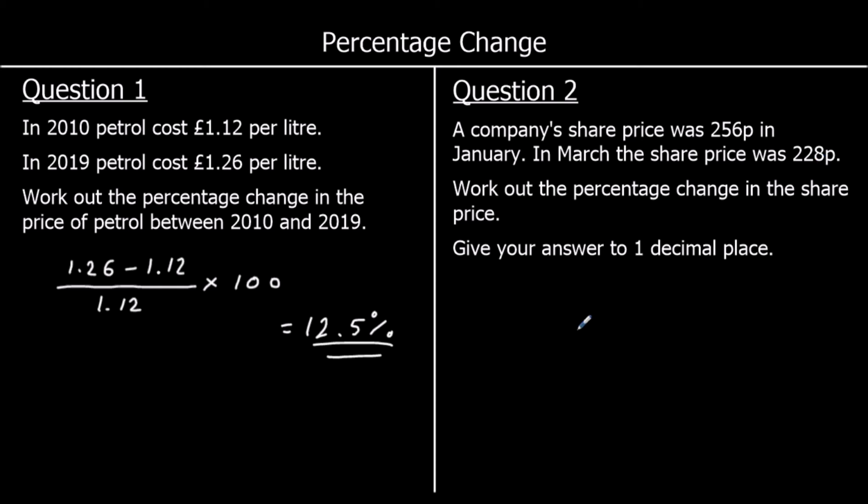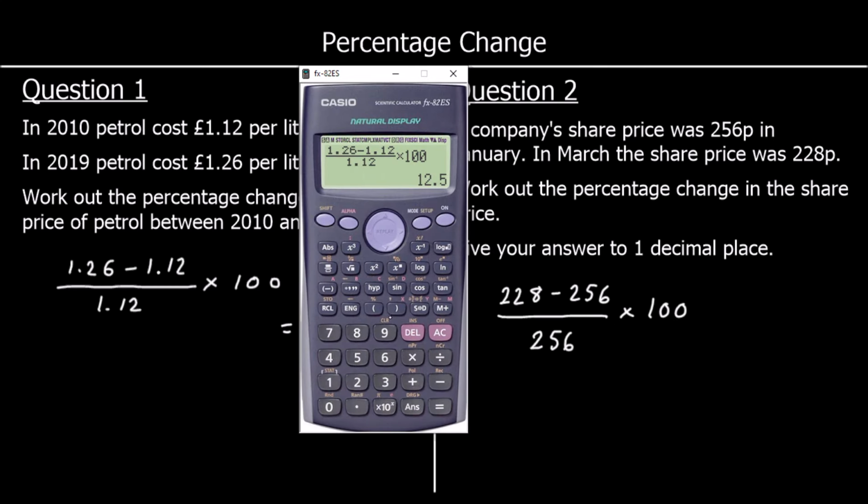So new minus old is the change. So 228 minus 256. The original is 256 times 100.